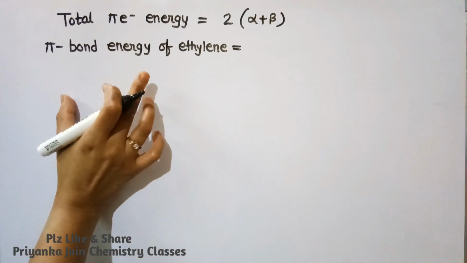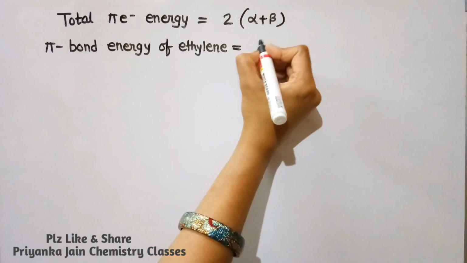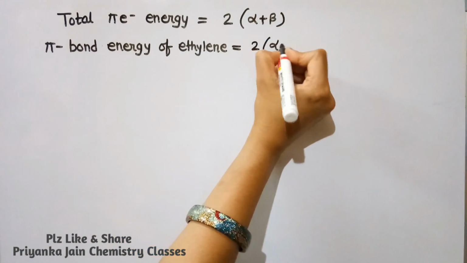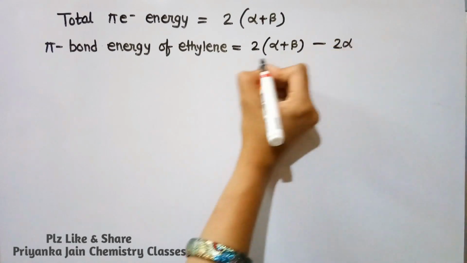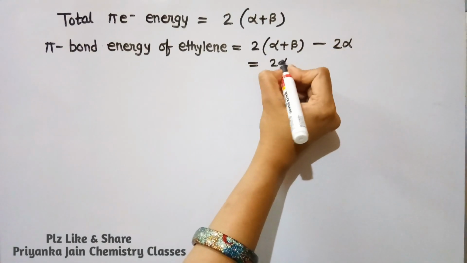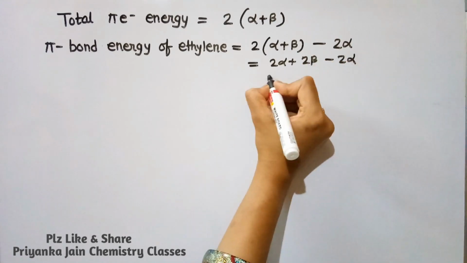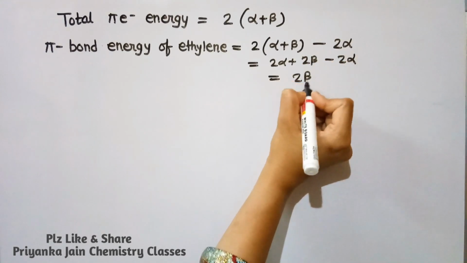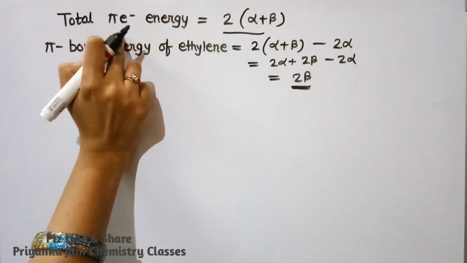In that case the energy will be equal to 2 alpha. So we just subtract this value from the other one: 2 alpha plus 2 beta minus 2 alpha. So this value will be 2 beta. This is the pi bond energy and the other one is the pi electron energy.